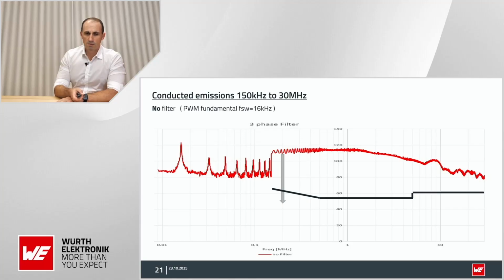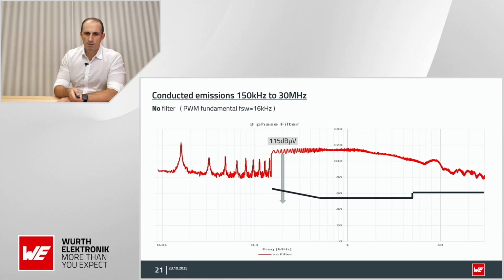And the interesting frequency span is from 150 kilohertz to 30 megahertz. For us to calculate the filter, we will take the lowest frequency with the highest amplitude, because this gives us, let's say, the lowest filter corner frequency, and this results in the biggest component.